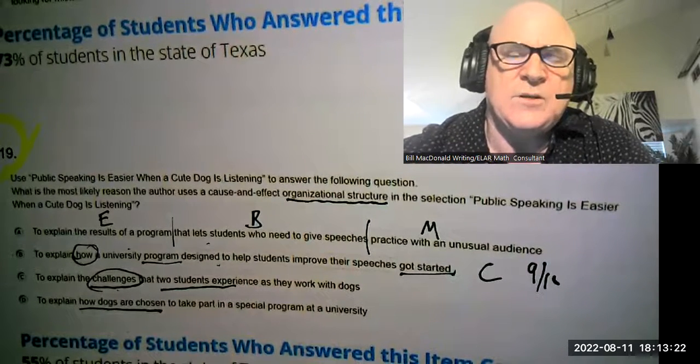So there's how I would suggest that you teach kids who struggle to answer a question like cause and effect, again, using the teeter-totter seesaw relationship.